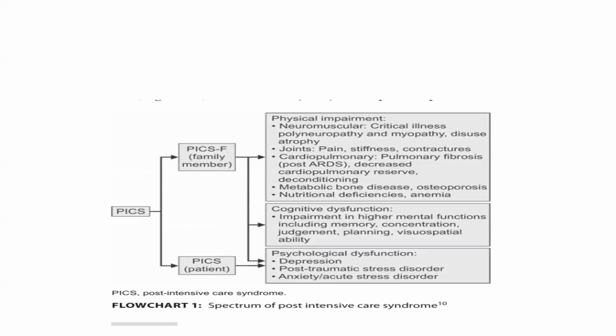Physical impairment includes neuromuscular illness like critical illness polyneuropathy, myopathy, disuse atrophy, then joint impairment in the form of pain, stiffness, contracture, cardiopulmonary abnormality like pulmonary fibrosis, post-ARDS, decreased cardiopulmonary reserve and deconditioning, metabolic bone disease, osteoporosis, nutritional deficiency, and anemia.